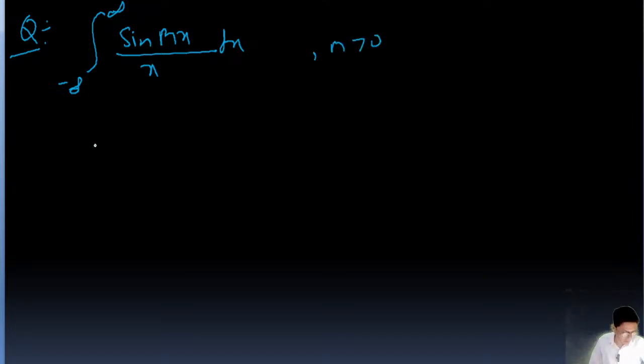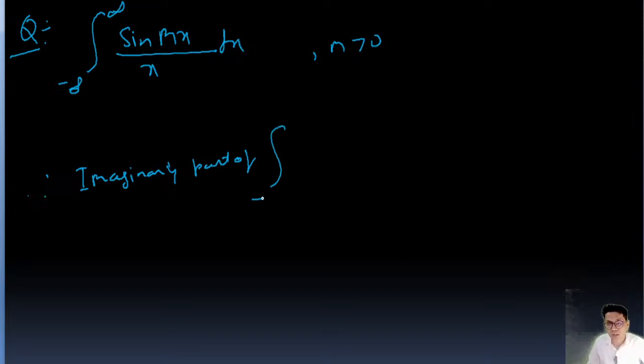For solving it, what we are going to do is take the imaginary part of the integration from minus infinity to infinity of e to the power iota mx upon x dx, right? We can write this because the imaginary part is going to be sin mx upon x. So its imaginary part is this value.